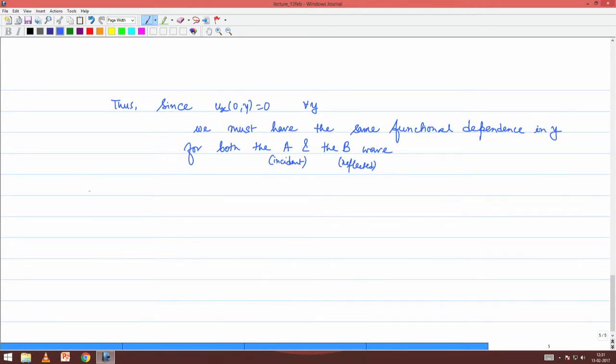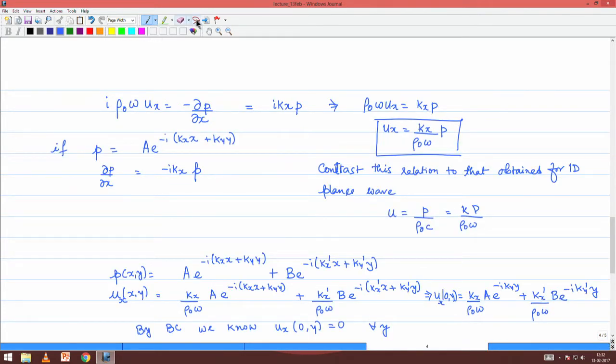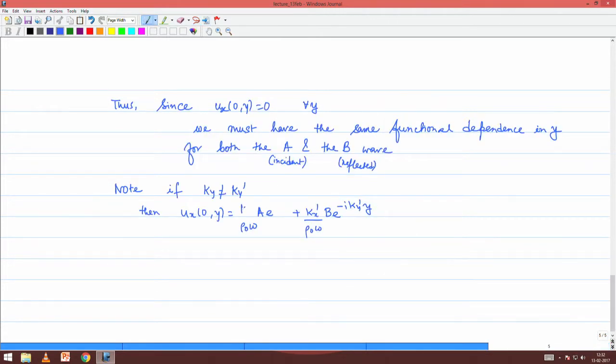I will just reiterate what I said by noting that if k_y happens to be not equal to k_y', then u_x(0, y), which is given by this, can never be equal to 0 for all y.